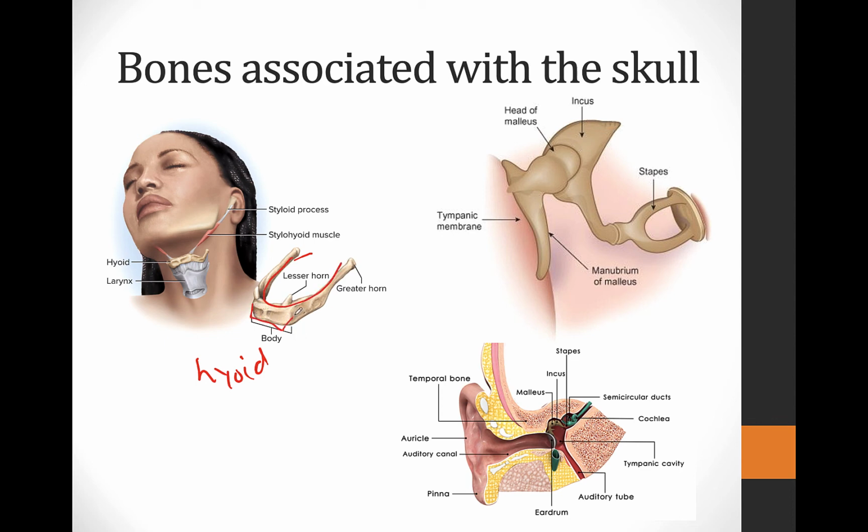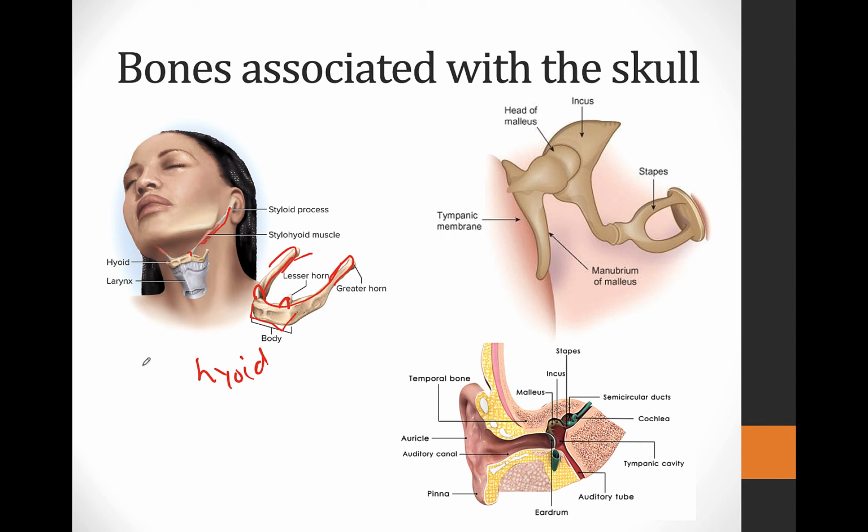So it's got this large body in the front, two lesser horns in the top, and those are going to connect the stylohyoid muscle all the way up to the styloid process, and then two greater horns in the back, again for muscular contraction. This is the only bone in the body that does not articulate with any other bones.